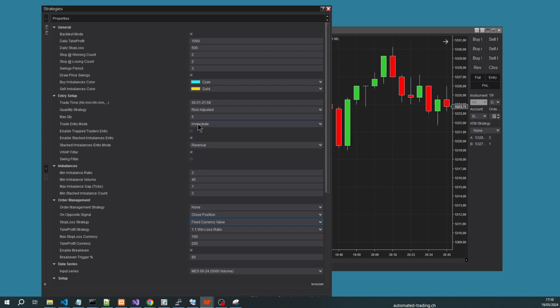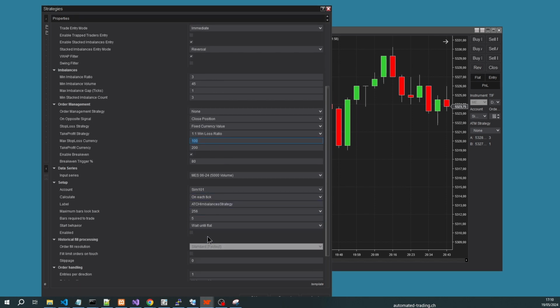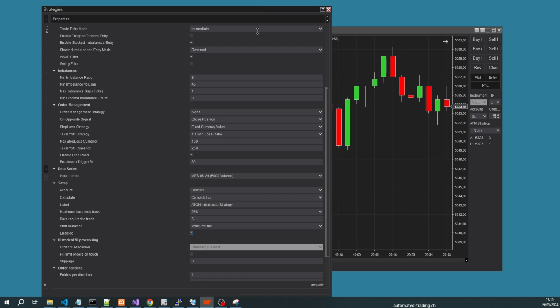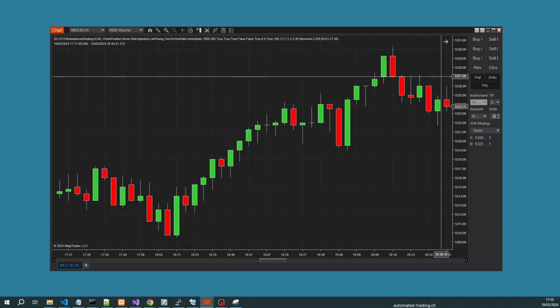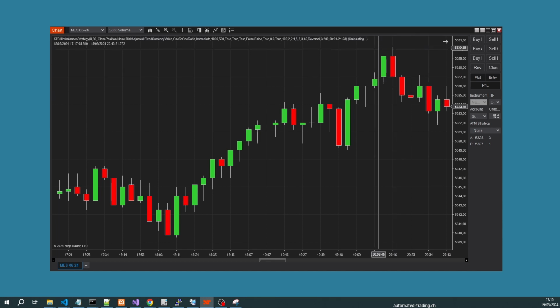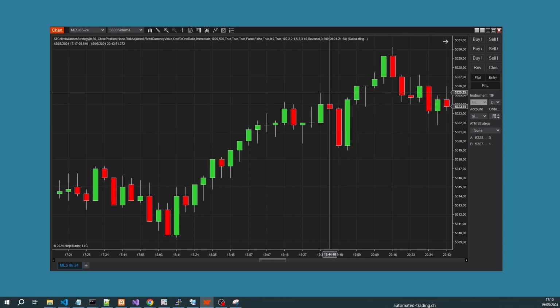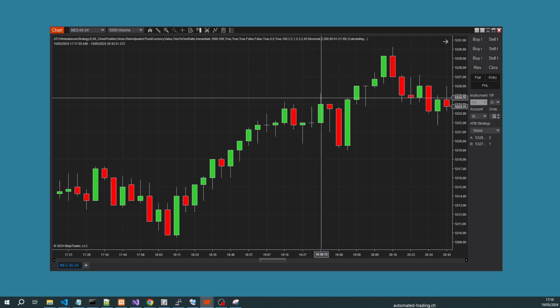So if you select reversal mode, you should select a fixed currency value for the stop loss strategy, and the fixed currency value will be determined by this max stop loss currency, which is now set to 100. So if we enable this now, the position should not be closed immediately, but the stop loss should be set higher than the entry price and not lower because the swing price was lower.